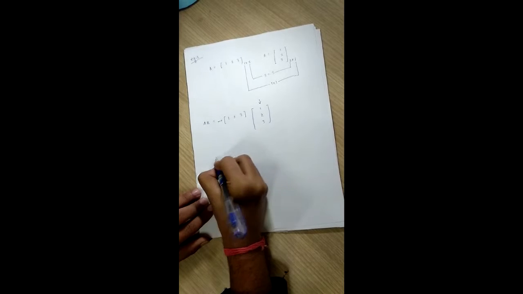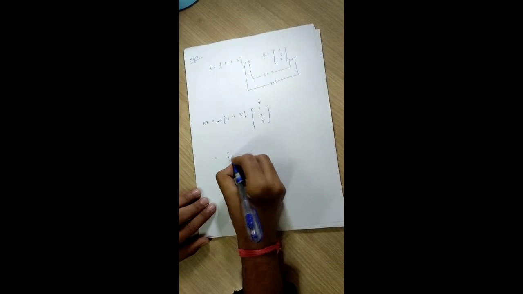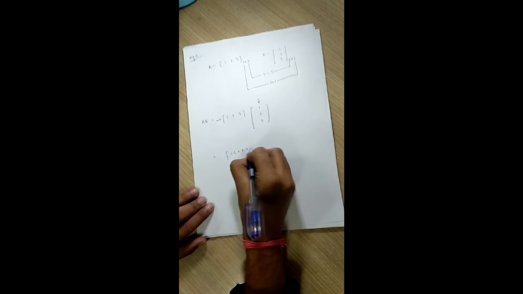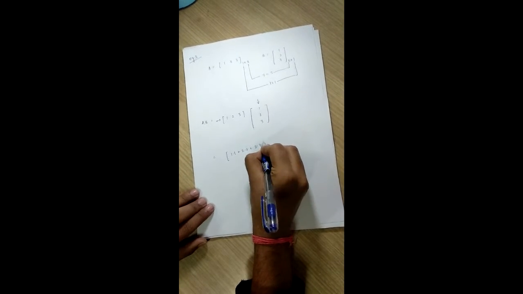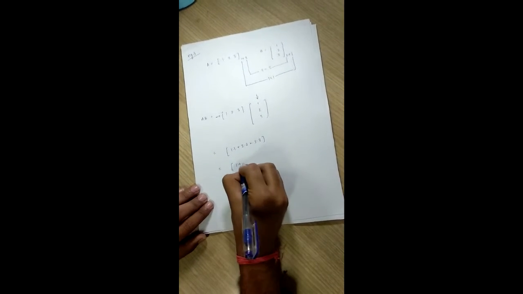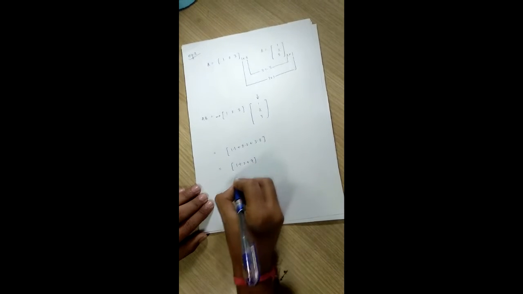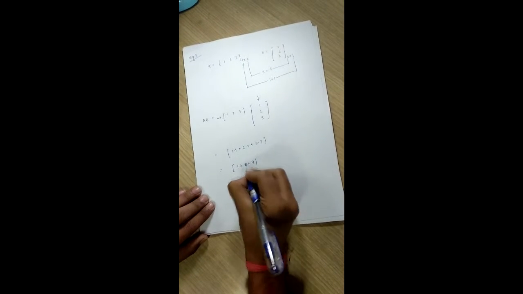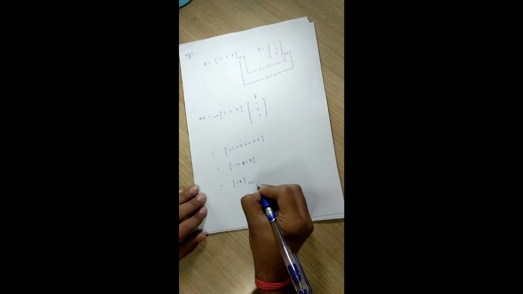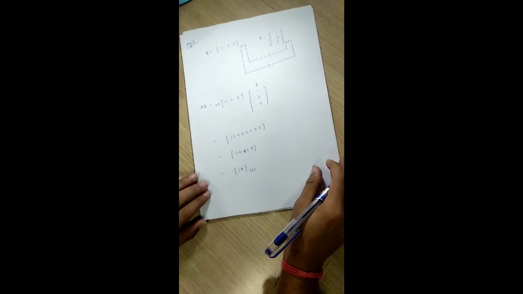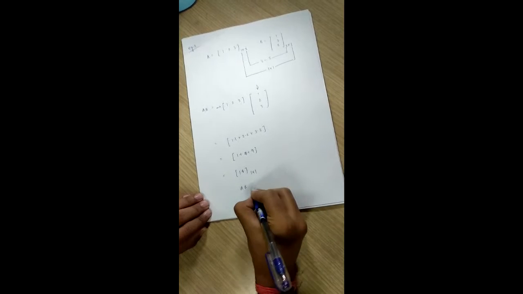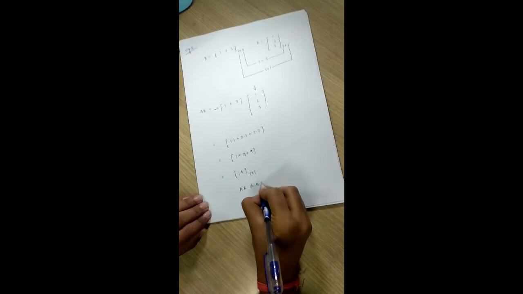Okay, so here we go: 1 times 1 plus 2 times 2 plus 3 times 3, which will give us 1 plus 4 plus 9, which is 14, a 1 by 1 matrix. Now here we also verified our first property, that AB is not necessarily equal to BA.